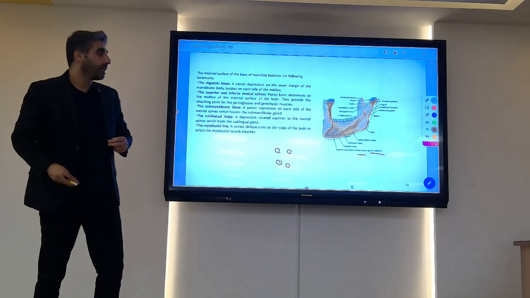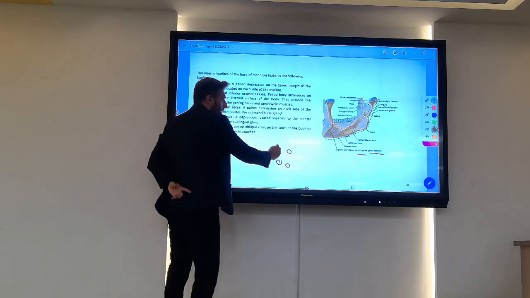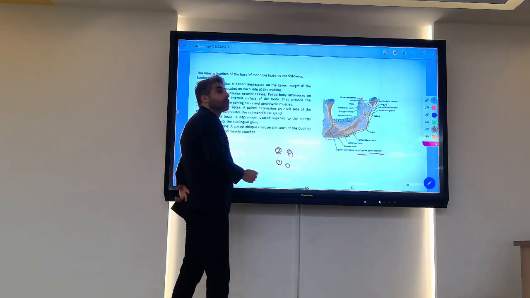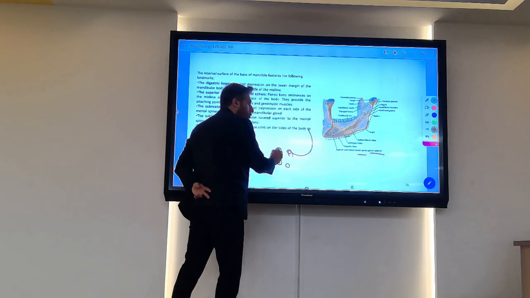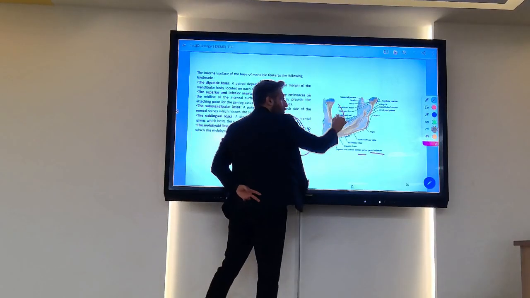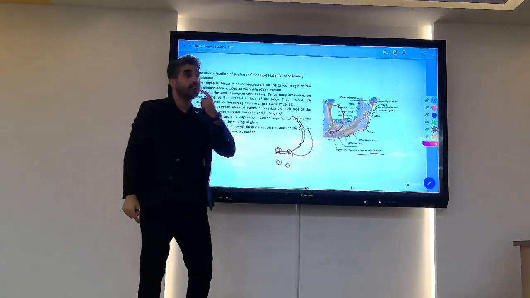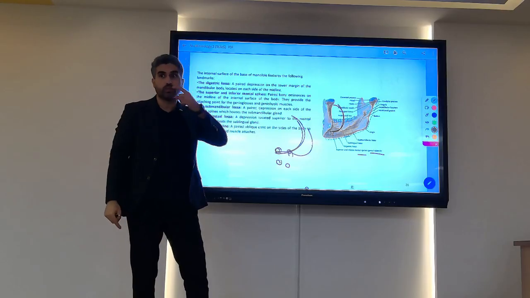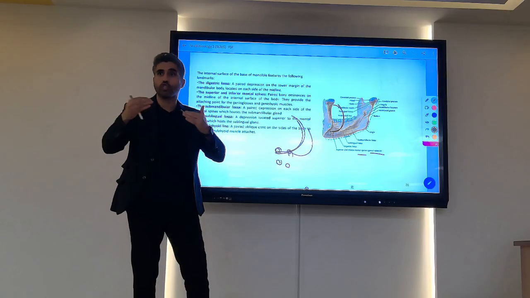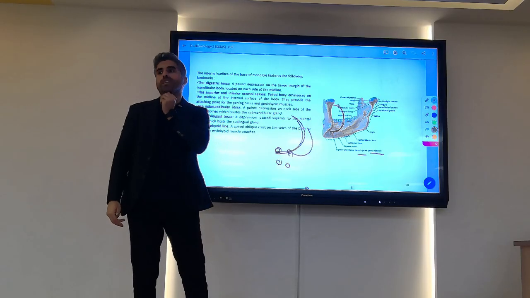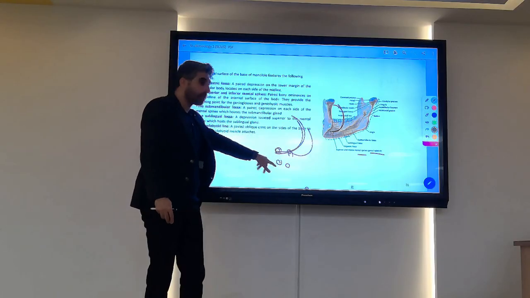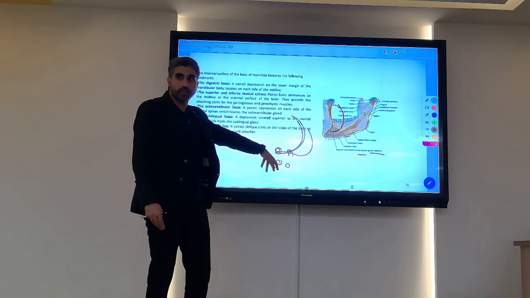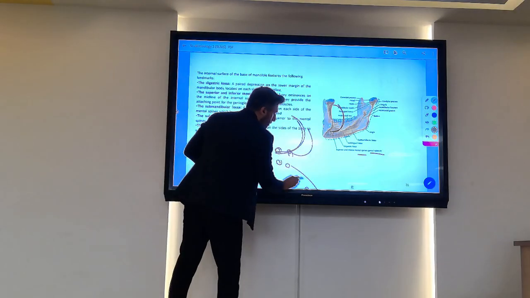Very good. The superior spines are for the genioglossus muscle. It starts from here and goes to the tongue. The genioglossus muscle sends your tongue out from the mouth. Glossus means tongue, and genio refers to the genial tubercle here. The lower spines, the inferior spines, are for the geniohyoid muscle.